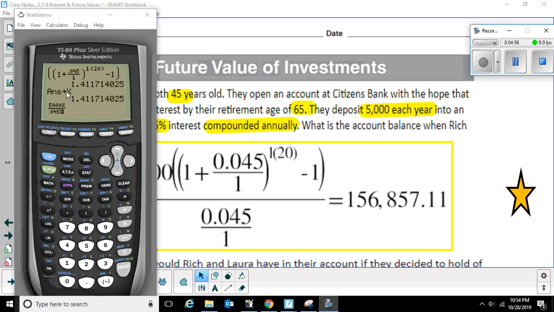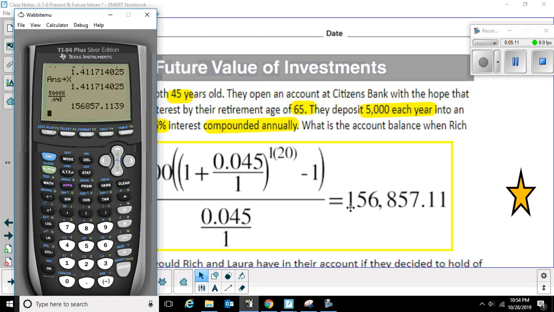This number is stored under X, so I'm multiplying it by that number. In my denominator, I got 0.045 over 1, which just simplifies to 0.045, and I hit my return key. All right, that's what I'm looking for. I'm looking for $156,857.11.